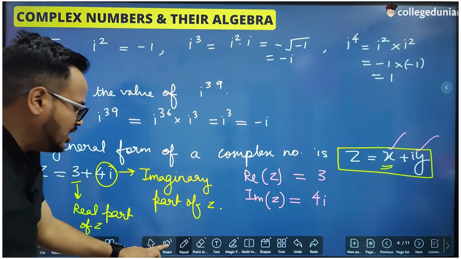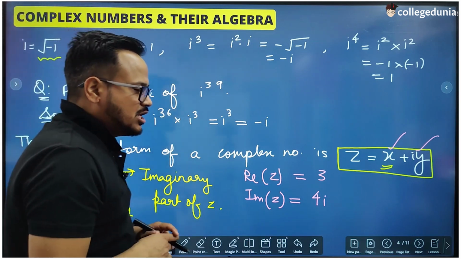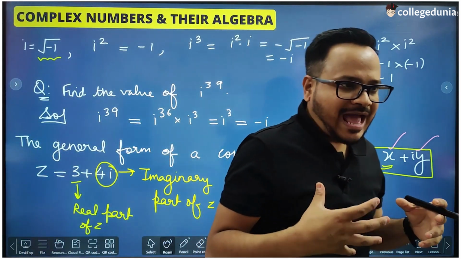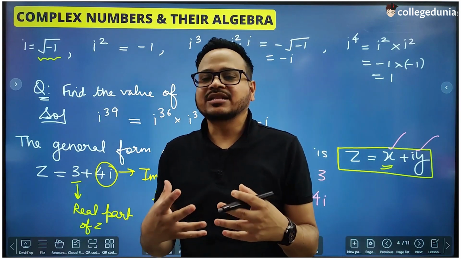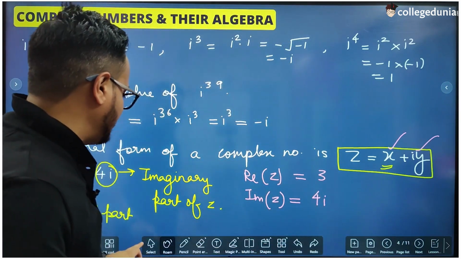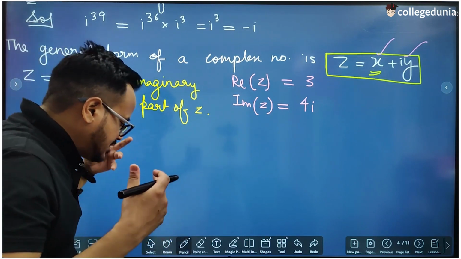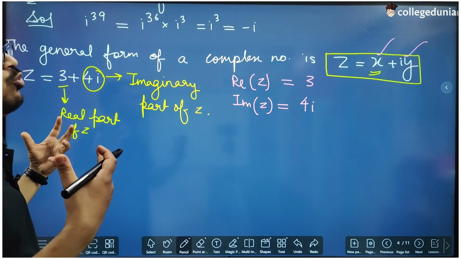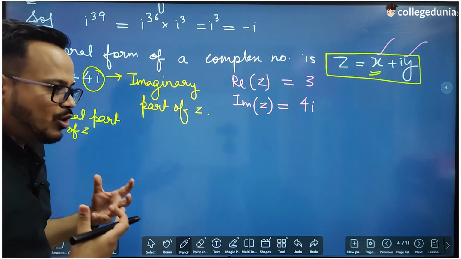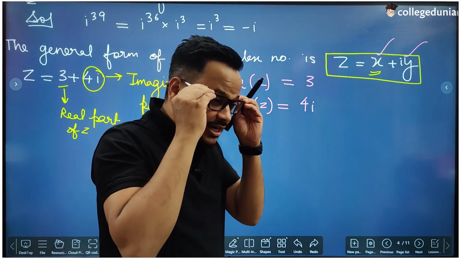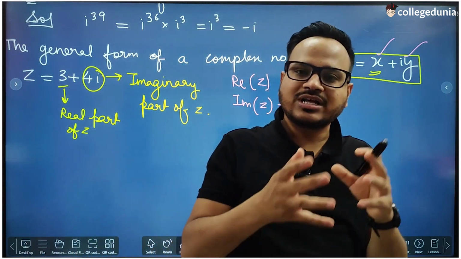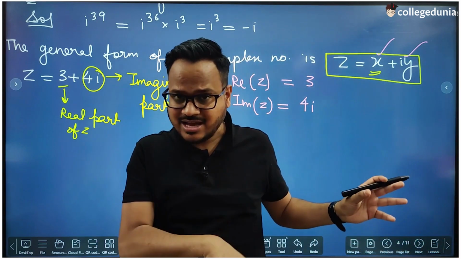So let us study the algebra of complex numbers, which means how we can add, subtract, and multiply these complex numbers, which is very simple. We can multiply them or add them or subtract them like we do with polynomials. If you add two polynomials, you will add the term containing x only to the term which has x, right?